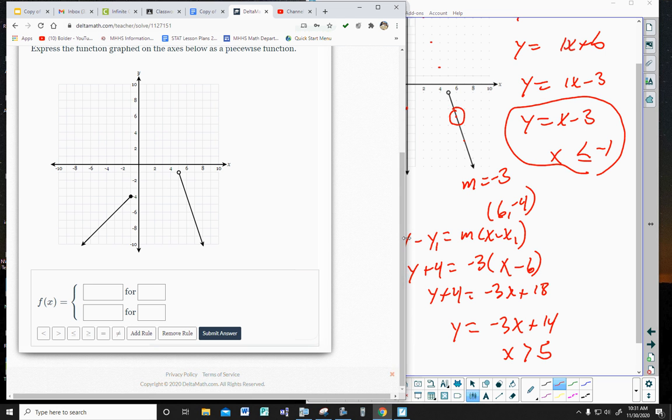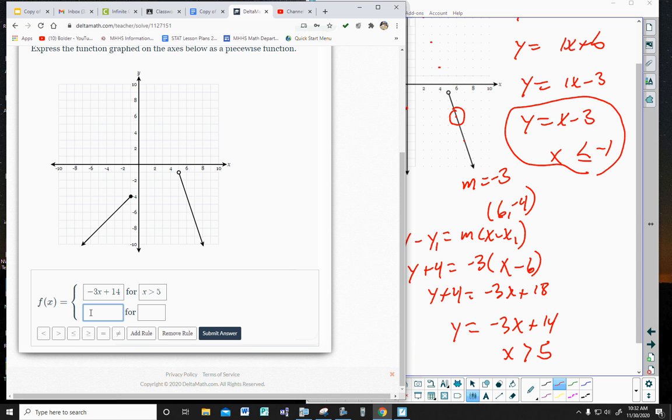Okay, so now let's come back over here. It doesn't matter which one you type first, I'll do this one. -3x plus 14, and it's only good when x is greater than 5.